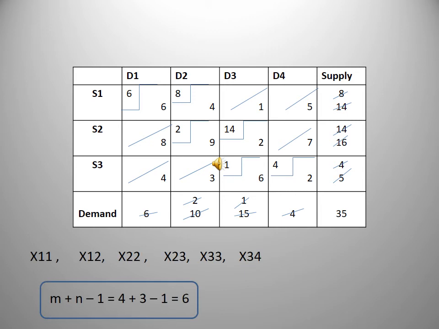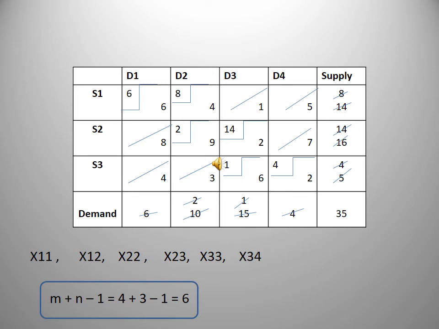The basic variables are x11, x12, x22, x23, x33 and x34. The cells that get allocated are called basic cells.